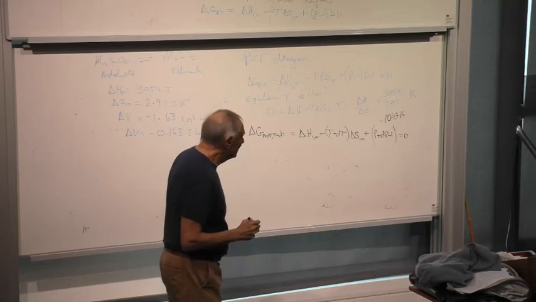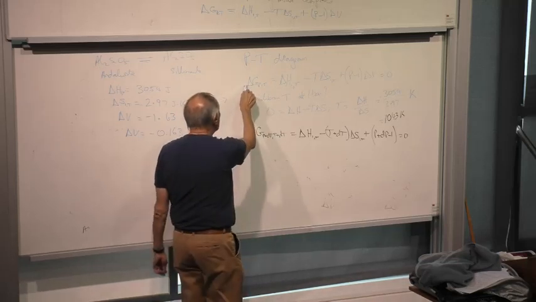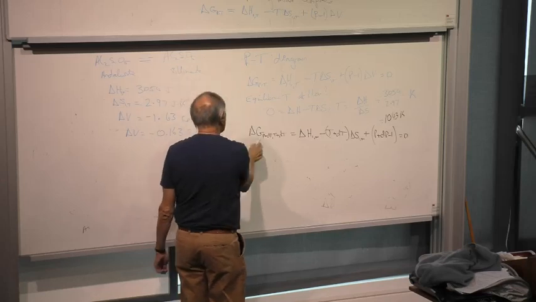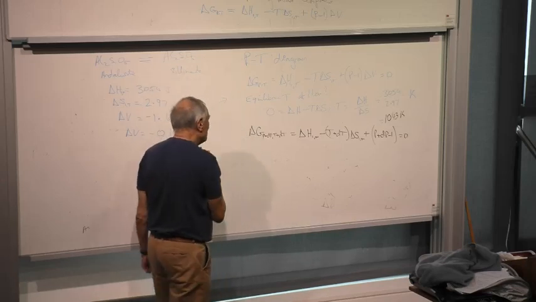So this is one point on the PT line between andalusite and sillimanite, and this is another point at slightly higher pressure and temperature.